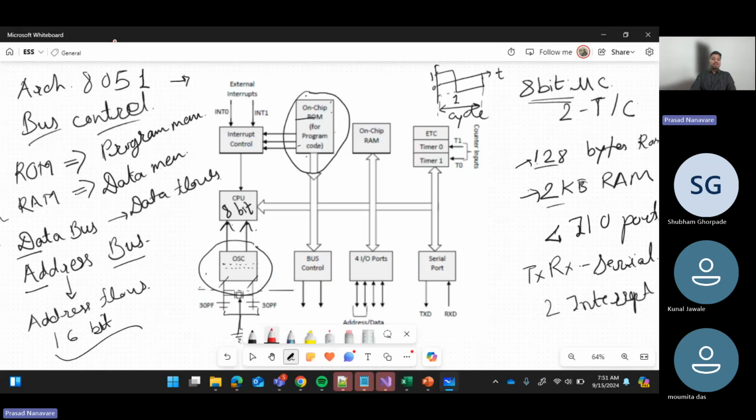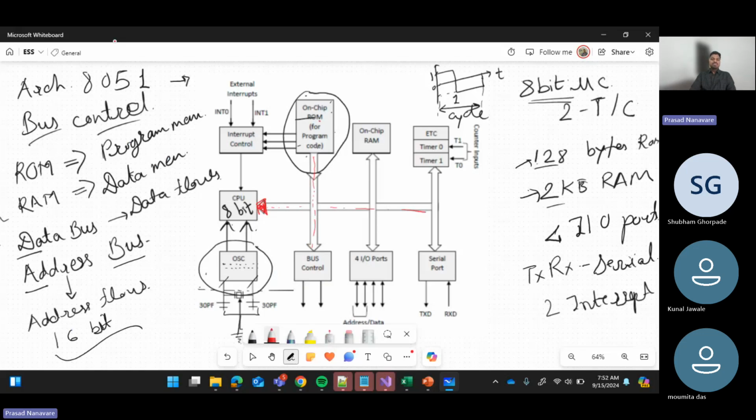If you see the diagram carefully, everything is interconnected, right? The link is established everywhere. And at the end, it is getting connected to the CPU, because that is where everything is happening.